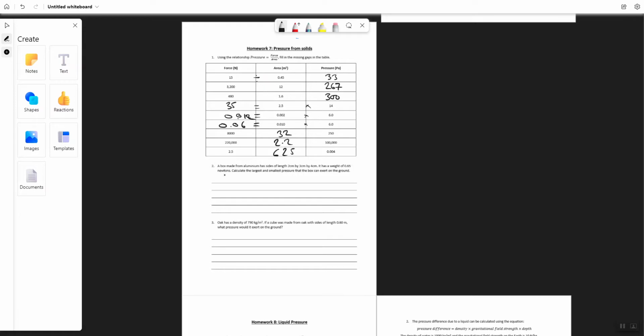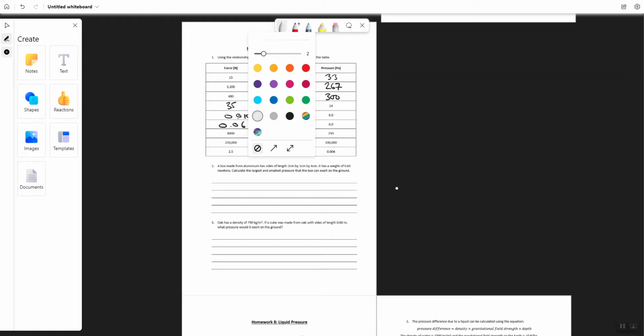Okay, right, we have a box made from aluminium, with sides of length 2 by 3 by 4, and it's got a weight. What's the largest and smallest pressure it can exert on the ground? So let's just quickly do this over here. So here's our box. We've got a 2 centimeter side, 3 centimeters, and we've got 4.